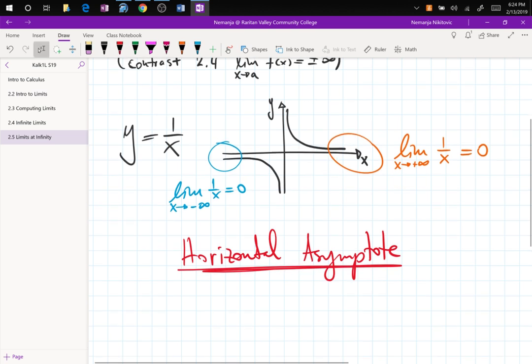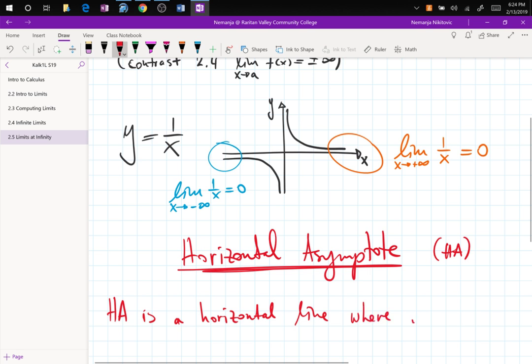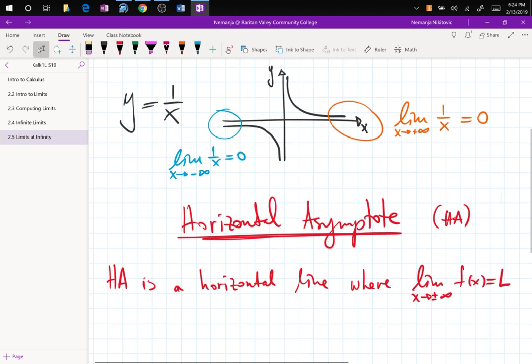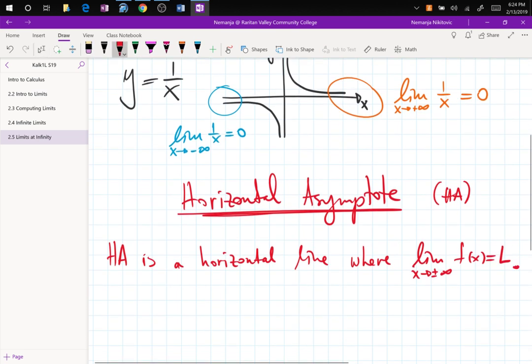A horizontal asymptote is a horizontal line where the limit as x goes to positive or negative infinity of f of x is equal to L. The horizontal asymptote is at y equals L.